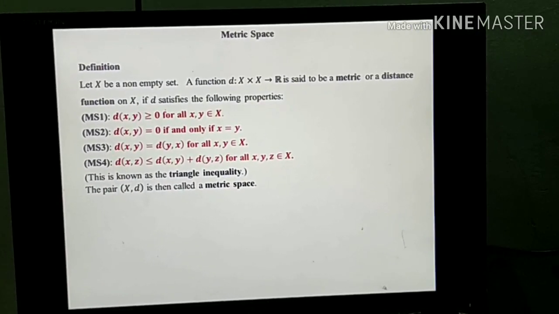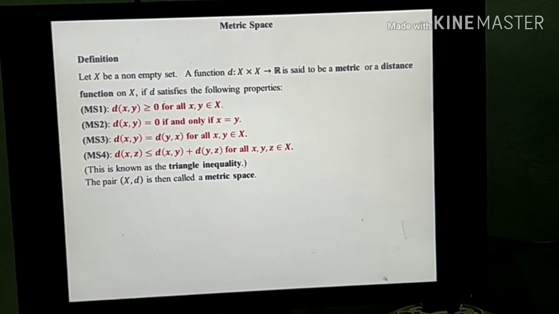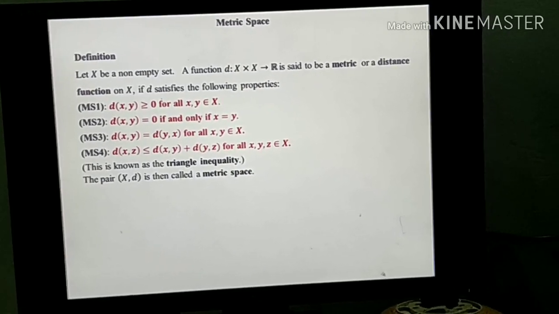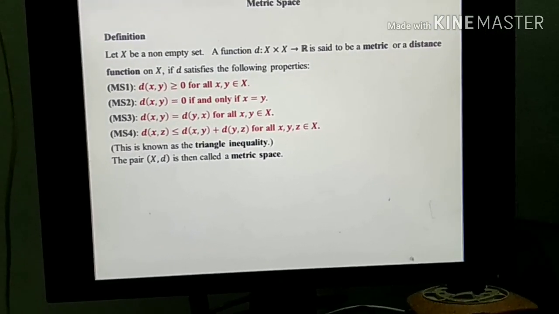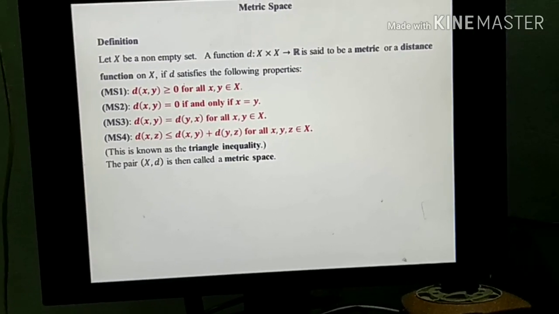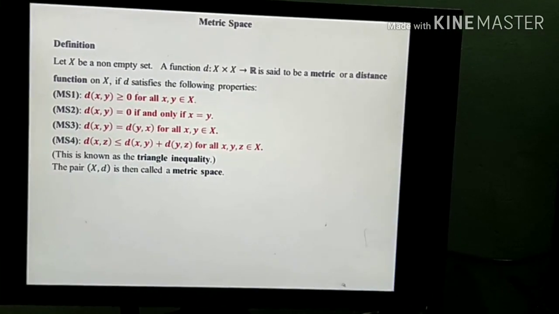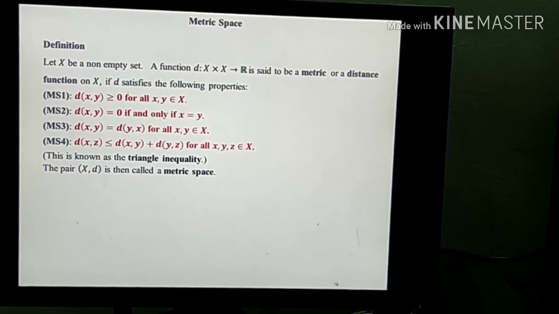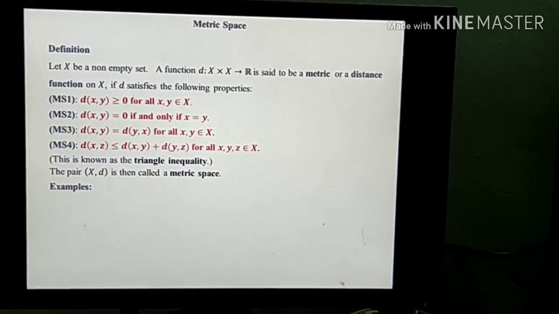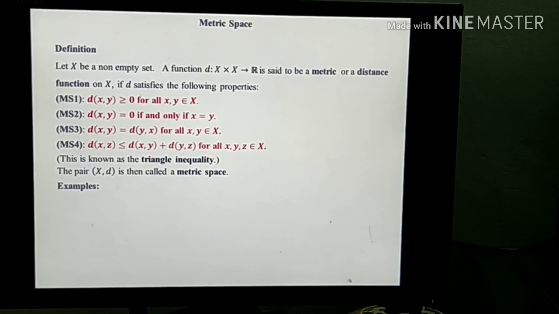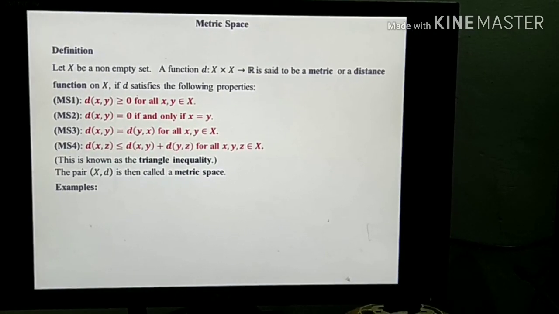As these properties are for metric spaces, they are denoted by MS1, MS2, MS3, MS4, MS for metric space. Now we are going to introduce some examples here.